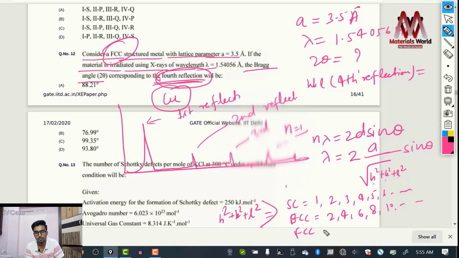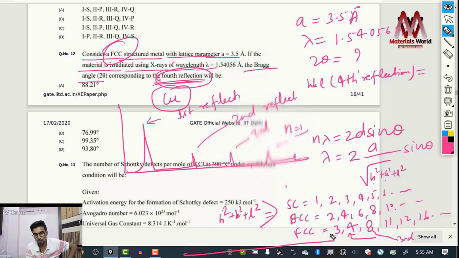For FCC, the first reflection has an h square plus k square plus l square value of 3, then 4, then 8, then 11, then 12, then 16, and so on. This 3 is for the first reflection, this 4 is for the second reflection, this 8 is for the third reflection, and so on.